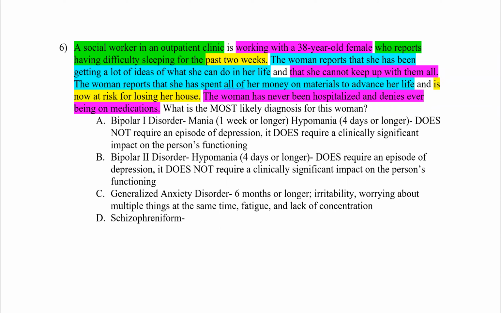And the schizophrenia form is where we're going to see longer than 1 month, yet less than 6 months.